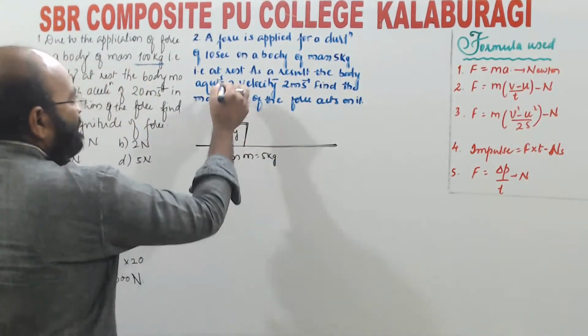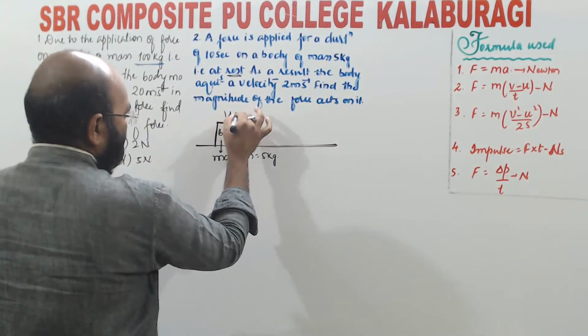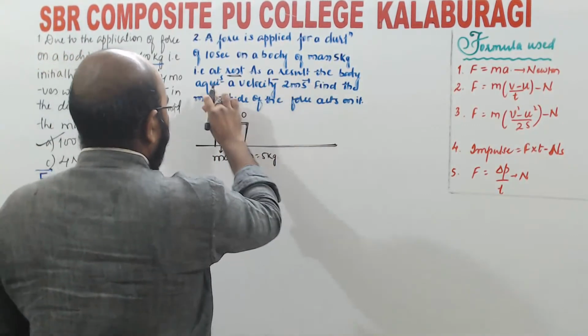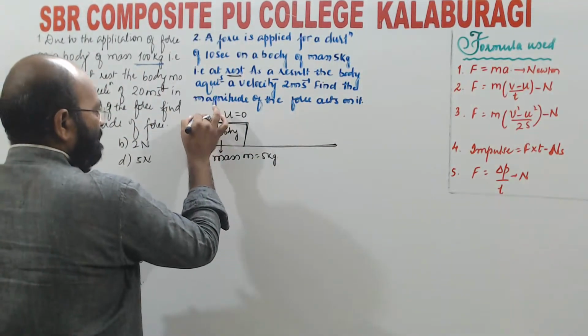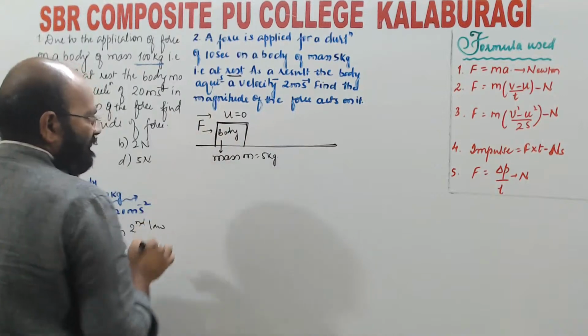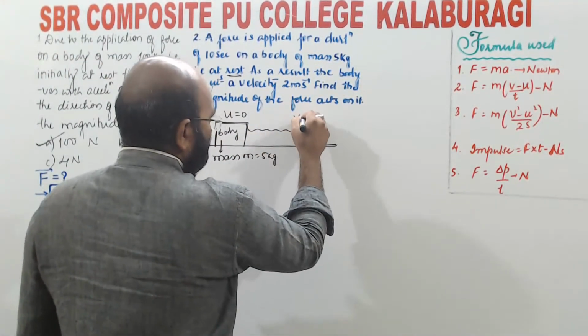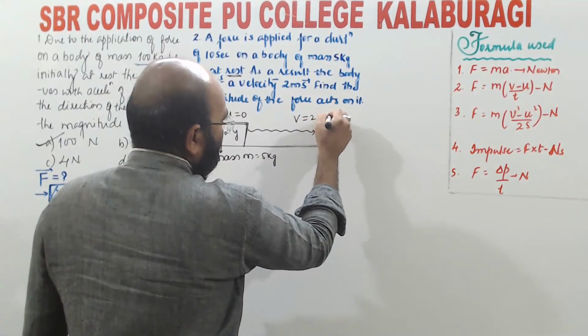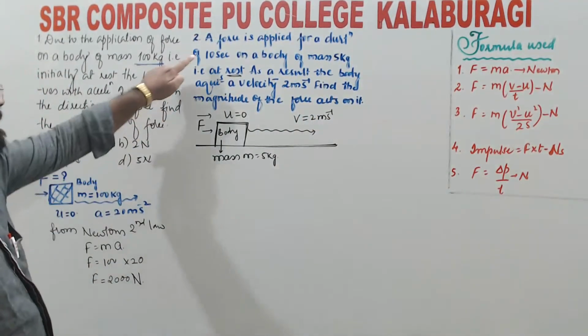It is at rest, which means the initial velocity u is equal to 0. As a result, the body acquires a velocity v equal to 2 meter per second. The time taken is 10 seconds.